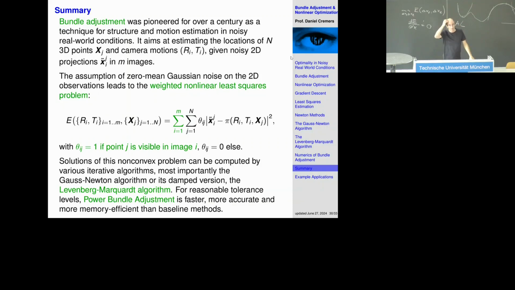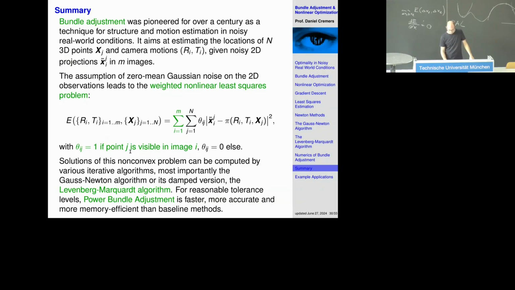So to summarize, bundle adjustment was pioneered over a century ago as a technique to estimate structure and motion, minimizing this weighted nonlinear least squares problem with the residual squared.